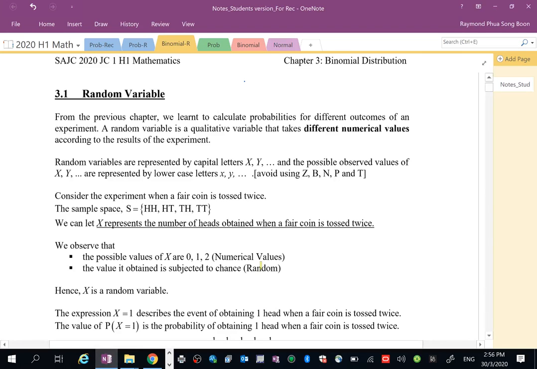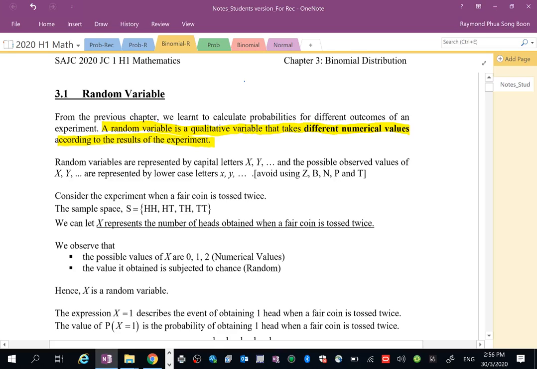Okay, students, we'll start by looking at the topic of binomial distribution. In the topic of binomial distribution, we'll first look at what is a random variable. A random variable is actually a variable that can take on different numerical values according to the results of the experiment.